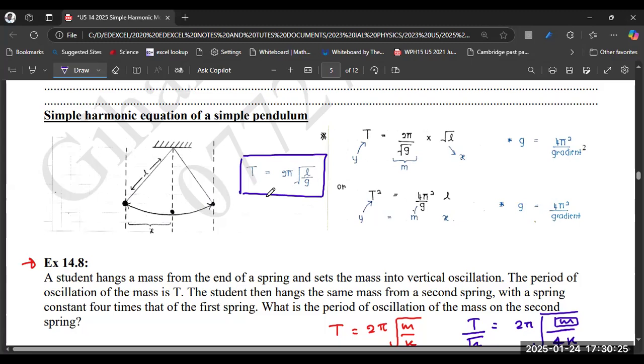So if you ever want to go for a graph or comparison like what we did earlier, so better know how the equation is handled. So the equation can be handled in this way. T is y and square root L is x. So if a student goes for a graph of T in the y-axis and square root L in the x-axis, the gradient will be equal to 2 pi over square root g.